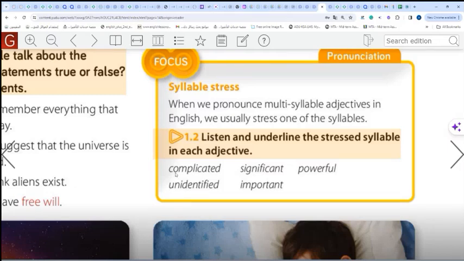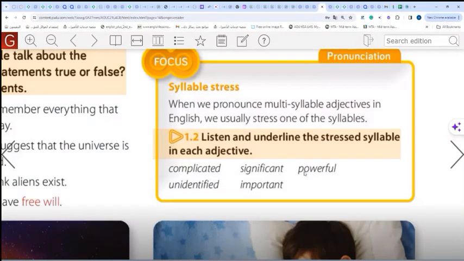For complicated, we have the first syllable. For significant, we have the second syllable. In powerful, we have the first syllable.